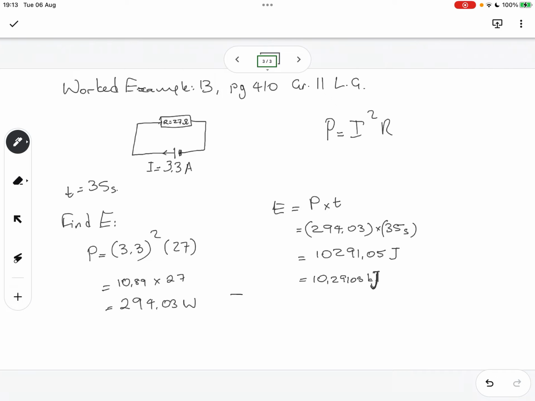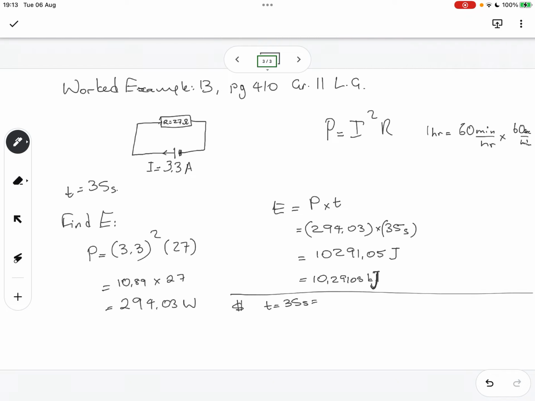We could also do the same example. How much does this cost? Ka-ching! And we convert the time. 35 seconds is how many hours? 1 hour is 60 minutes per hour and 60 seconds per minute.